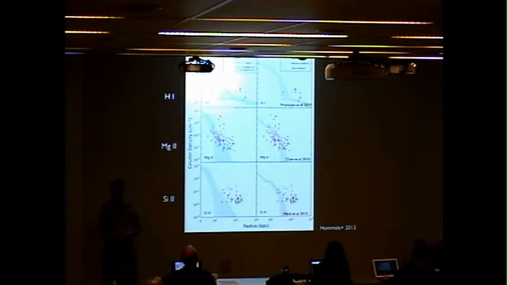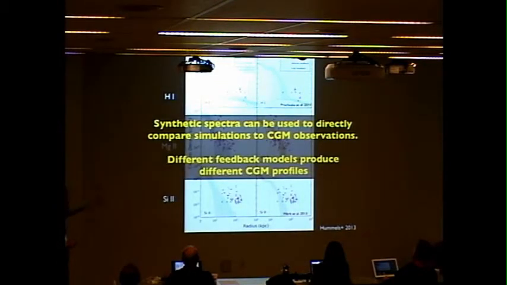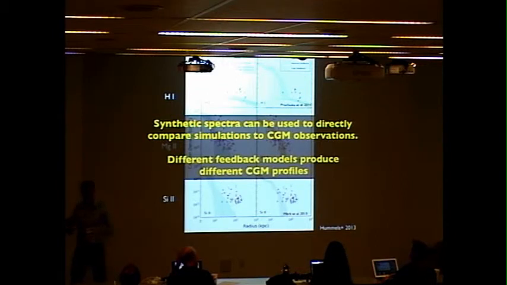But again, this is not really the focus of this talk. Synthetic spectra can be used to directly compare simulations against CGM observations. And in this case, we see that the different lines, which represent different feedback models, make different predictions for the overall distribution of the CGM. So you can really use that to break the degeneracy in different feedback models.